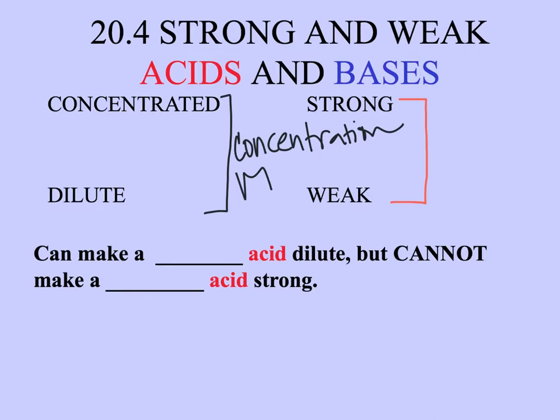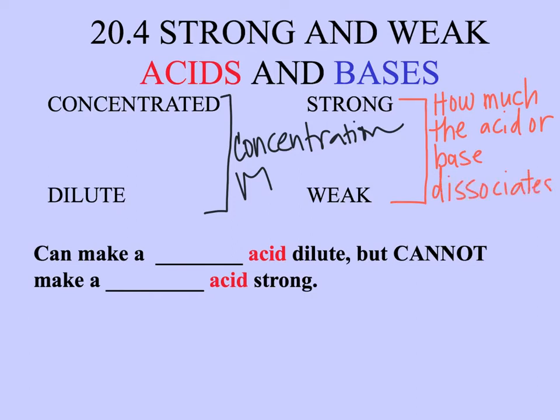Strong and weak depend on what we call the ionization of the acid or base in solution. So strong and weak refer to how much the acid or base dissociates in solution.